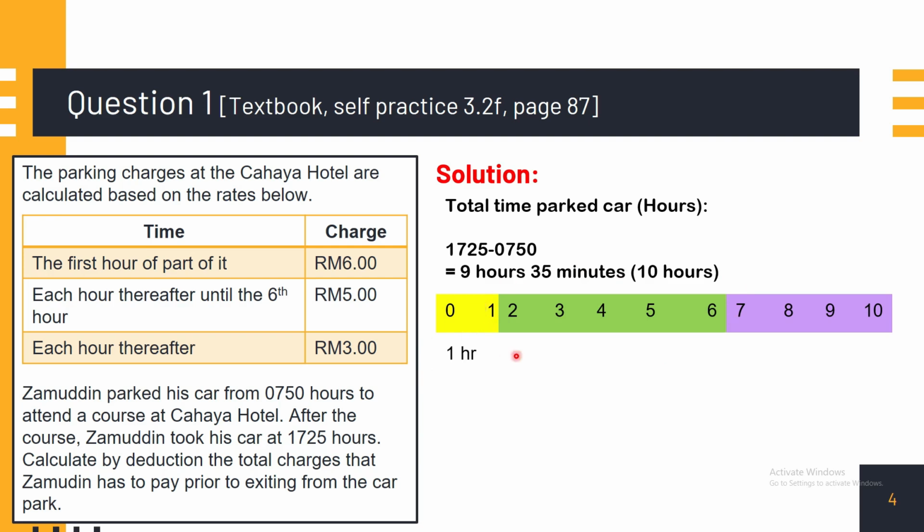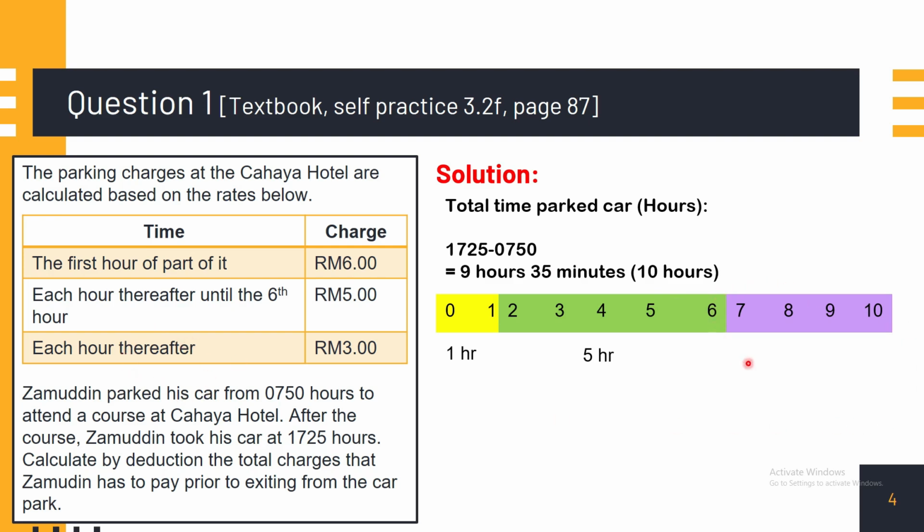And the green one is for each hour thereafter until the 6th hour. Until the 6th hour, until here only. Then we calculate how many hours. It must start from 1 to 2. 1, 2, 3, 4, 5.